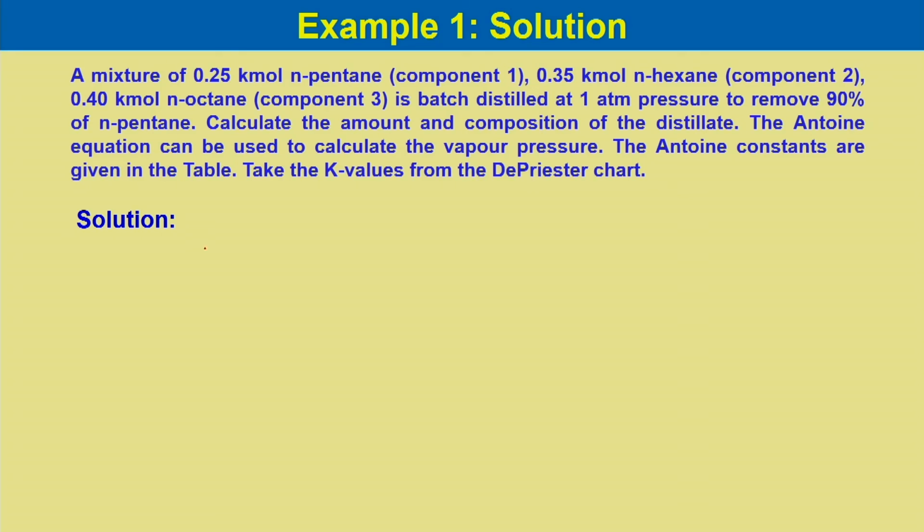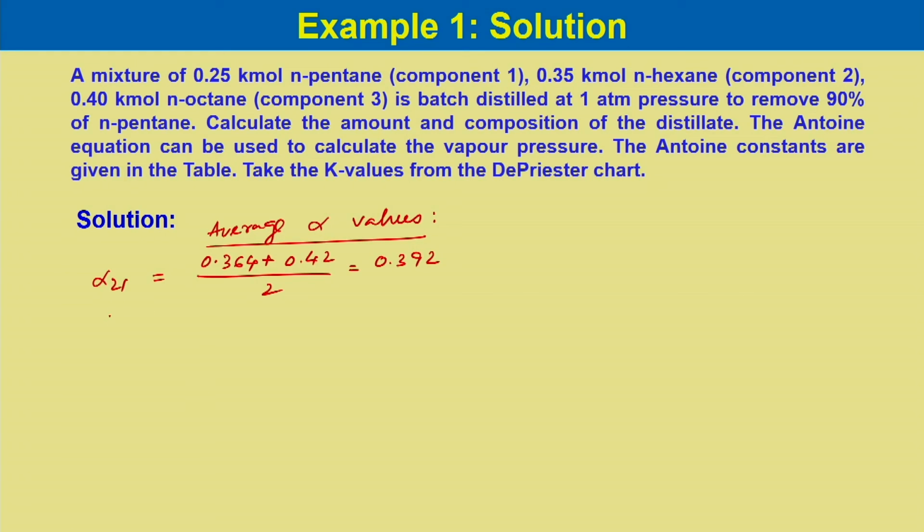We can calculate the average alpha values: alpha 21 is equal to 0.364 plus 0.42 divided by 2, which is equal to 0.392, and alpha 23 would be equal to 6.466 plus 4.74 divided by 2, which is equal to 5.6.